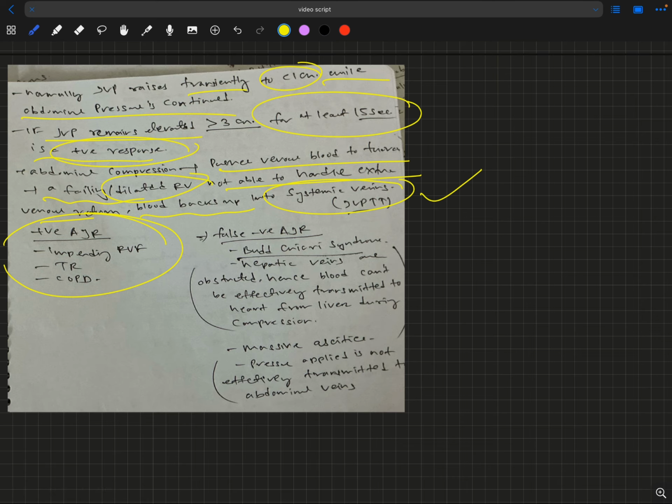Positive abdominal jugular reflex is seen in impending right heart failure, tricuspid regurgitation, and COPD. In TR there is volume overload inside the right ventricle, so the extra blood cannot be accommodated by the right ventricle and is shunted into the peripheral circulation, leading to a rise in JVP.